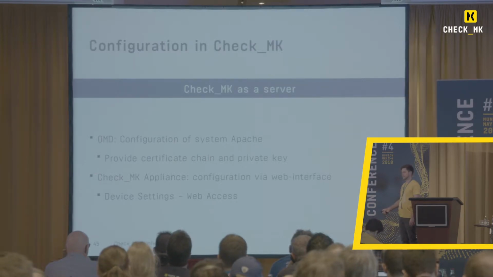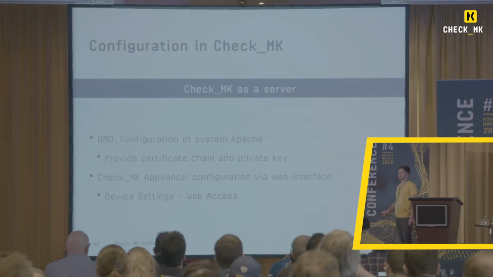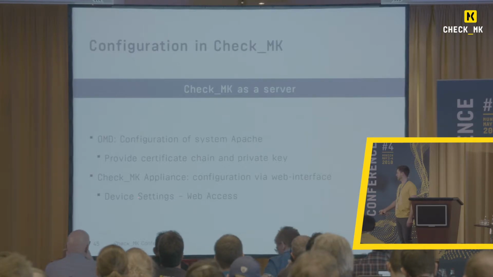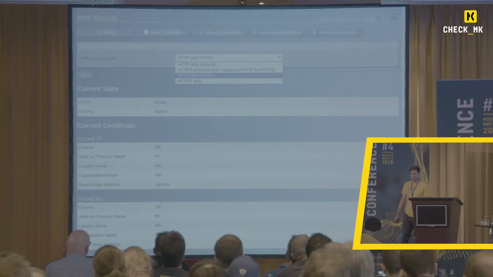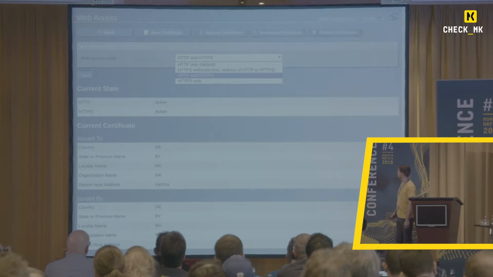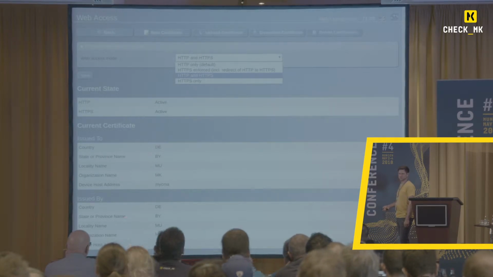It's easier if you have an appliance and if you use the CheckMK appliance, because in that case, you can just do it using the web interface. So device settings, web access. If you navigate there, this is what it looks like. You see one side right here, so there is a self-signed certificate that I just imported as an example.